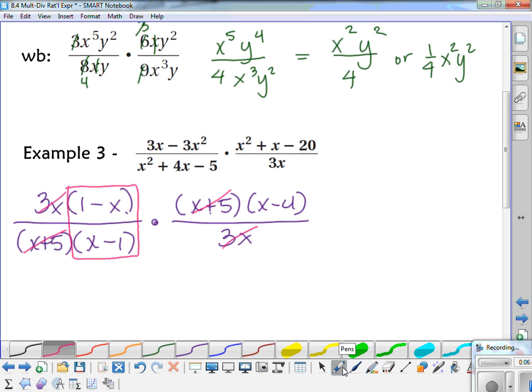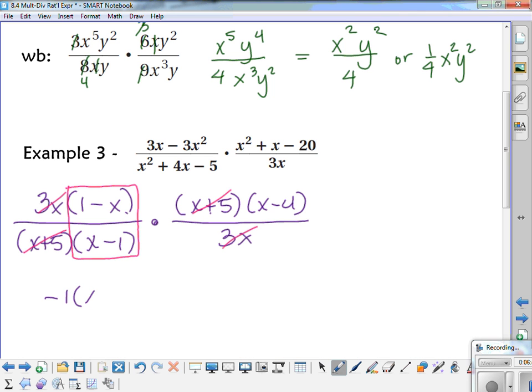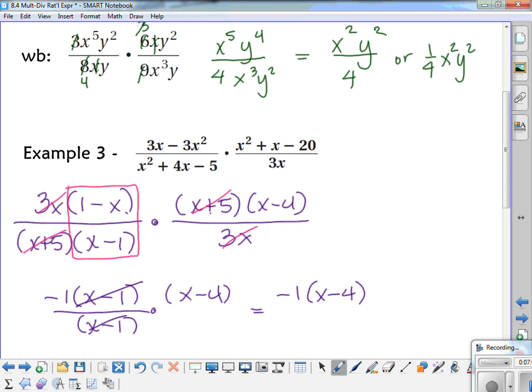If I factor out the negative, it's like I'm taking a negative 1 out, right? And x minus 1 over the x minus 1, and then still times the x minus 4. And so now my x minus 1s will cancel out, and I'm just left with negative 1 times x minus 4, or negative x plus 4.